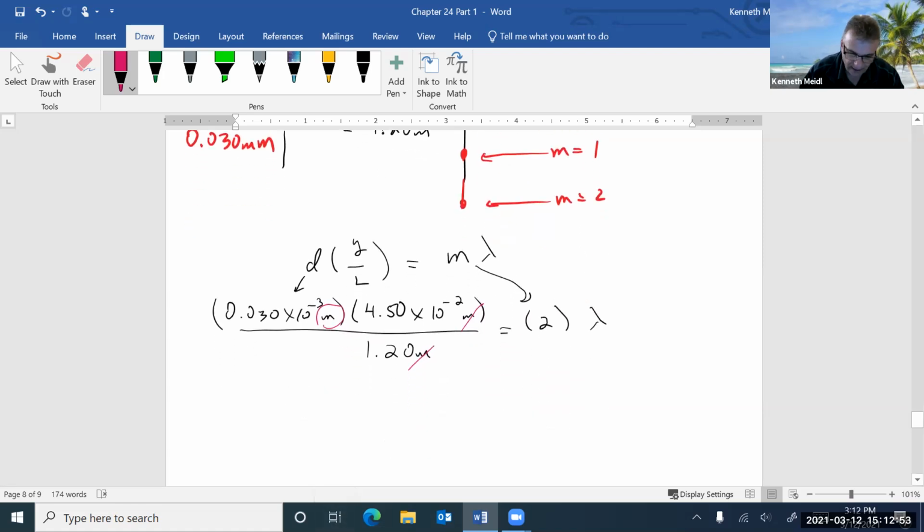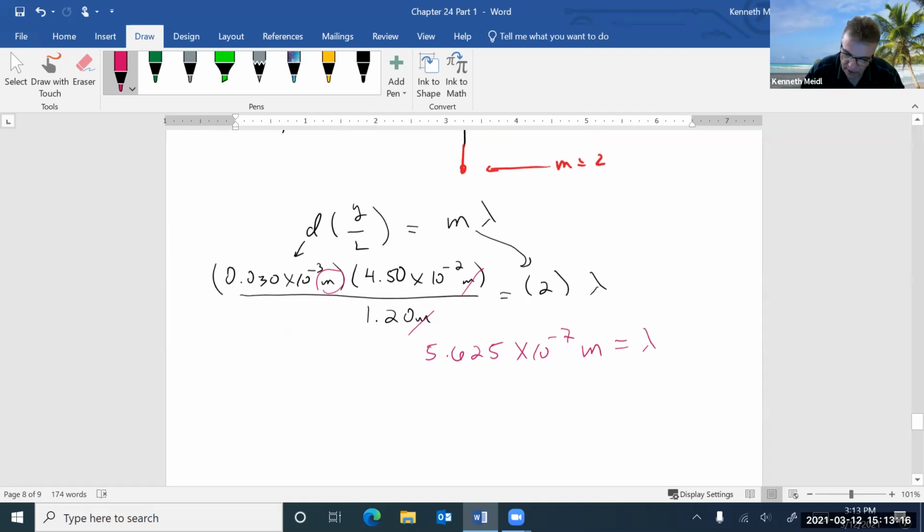I think I get this here. So I've got the same thing a couple times in my calculator. Now, 5.625, 2, 3, 4, 5, 6, 7 times 10 to the minus 7 meters is the wavelength being used here.